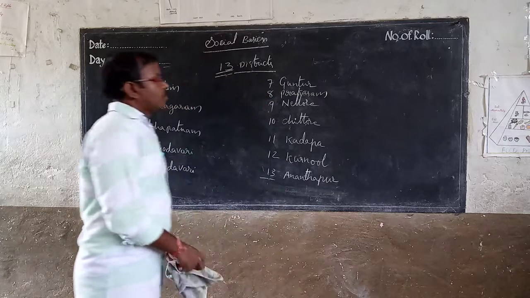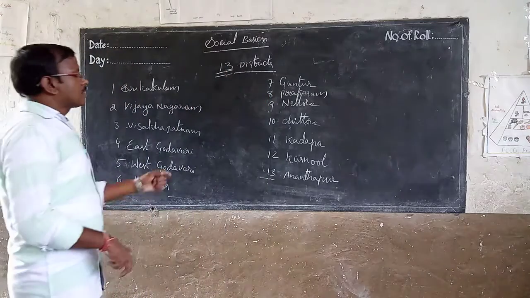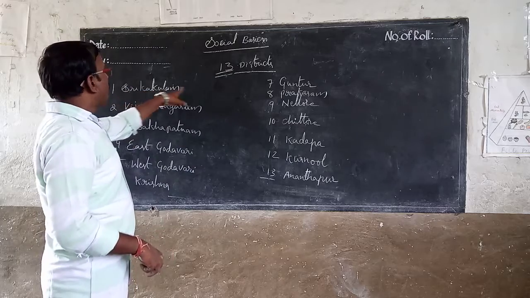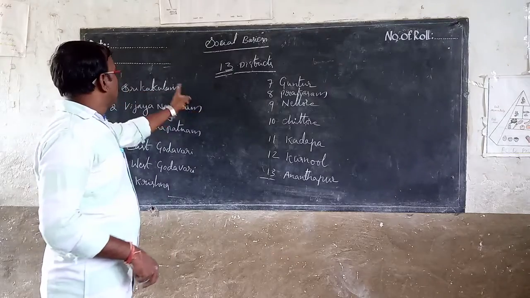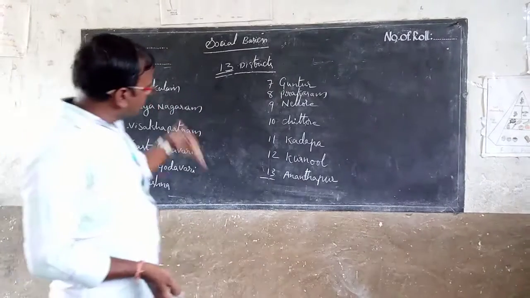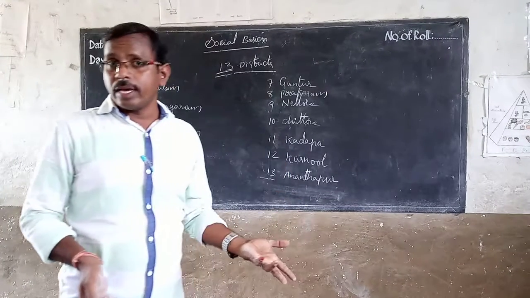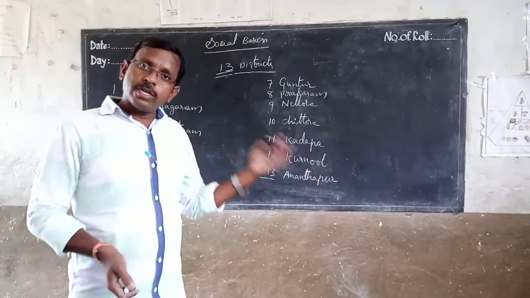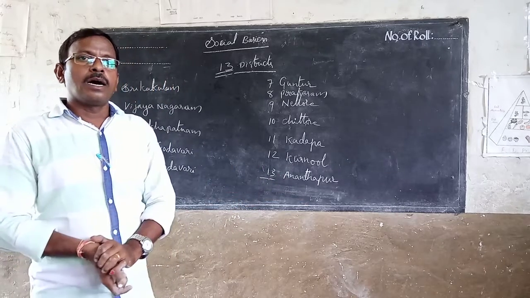Okay, like this we have 13 districts. For these 13 districts we have to write the headquarters on this side. Also note that these 13 districts may not be there later, as they will change into 25 districts.